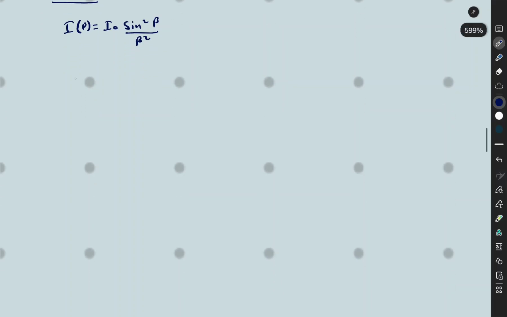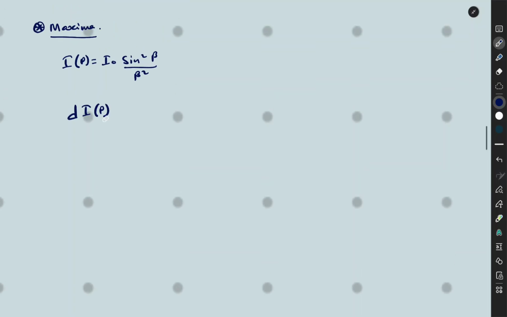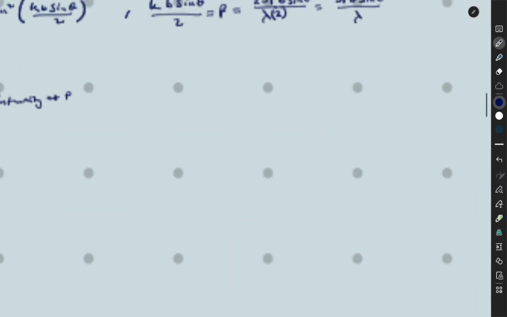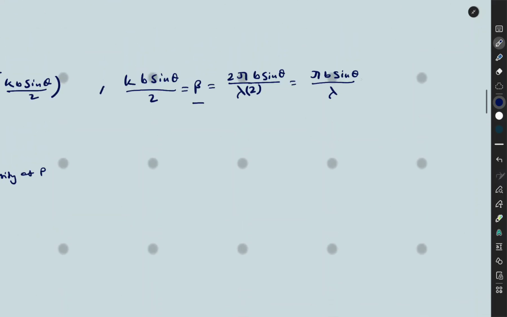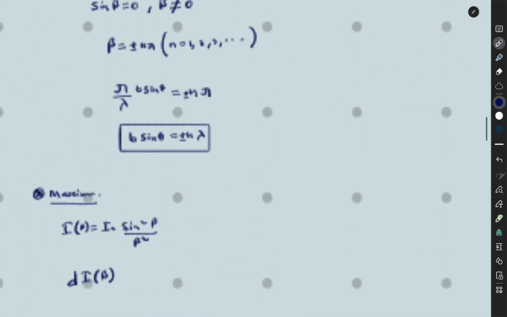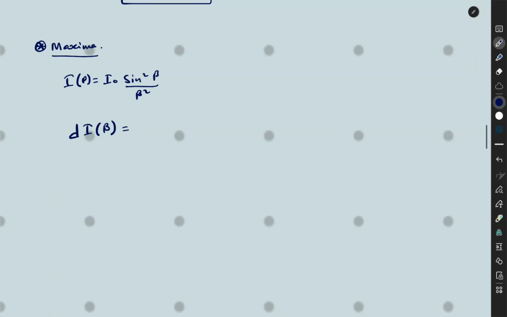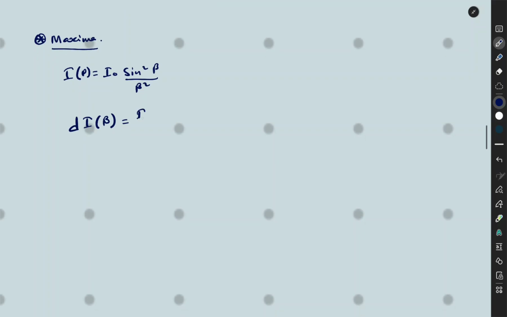So if we differentiate, here we can also write this in terms of beta, because beta depends on theta and theta depends on p. So we can write d by d beta.